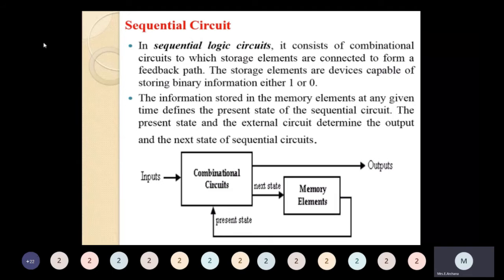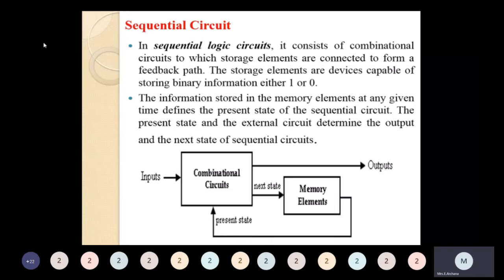So the information present in the memory element at any time defines the present state of the sequential circuit. So the present state and the external input determine the output and next state of the sequential circuit.